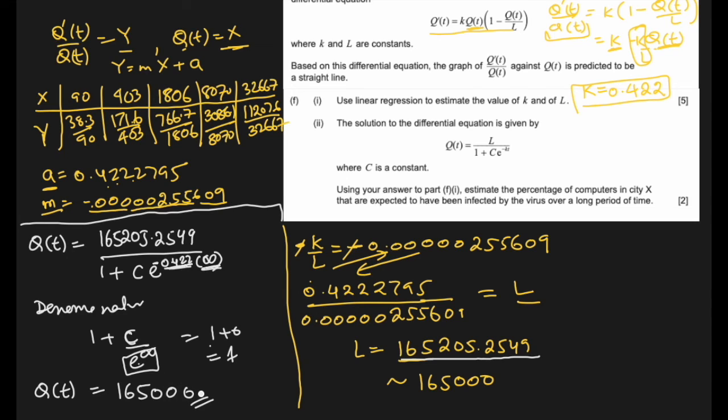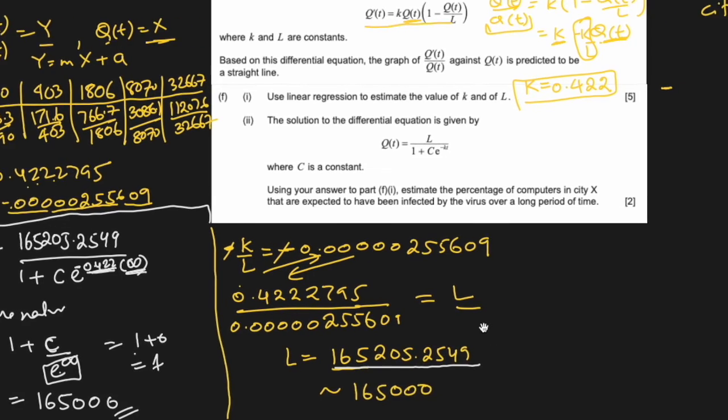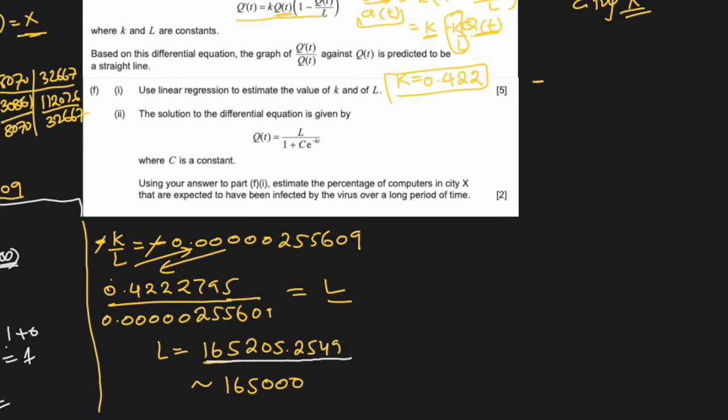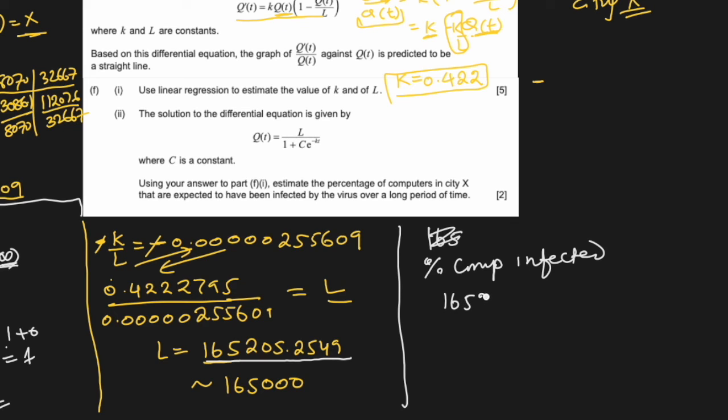However, the question was not about how many computers are infected. They are asking for the percentage of computers that are infected. So let me write here: percentage of computers infected. They are 165,205 out of how many?